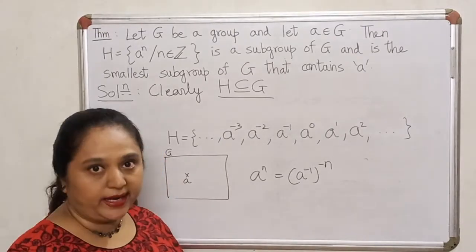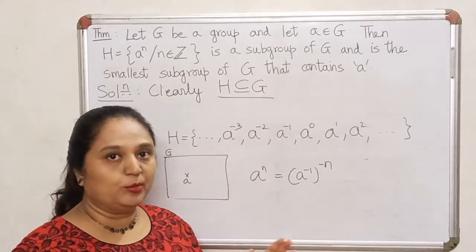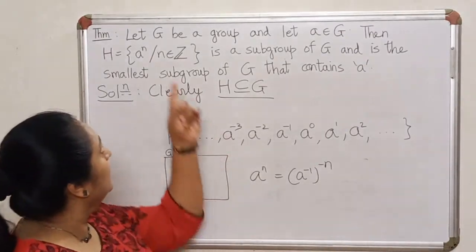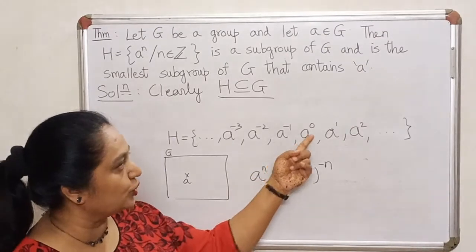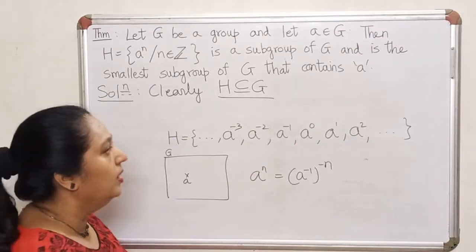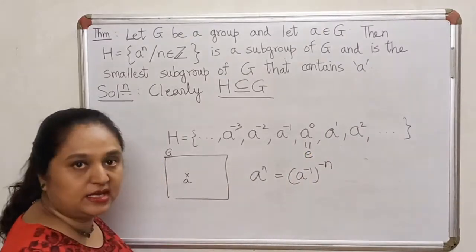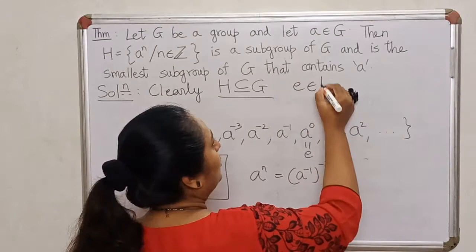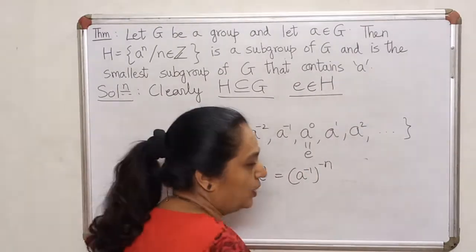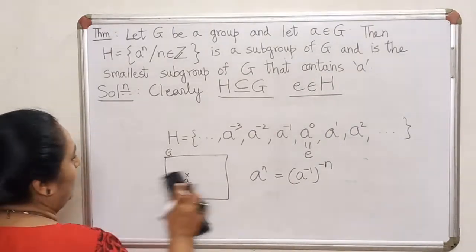So we are in the right set, and now let us look for the most important element. If H contains all integral powers of A, it's also surely going to contain the 0th power of A, and A raised to 0 is defined as E. So by the very definition, E belongs to H. So identity is there in H. This also tells us that H is non-empty.